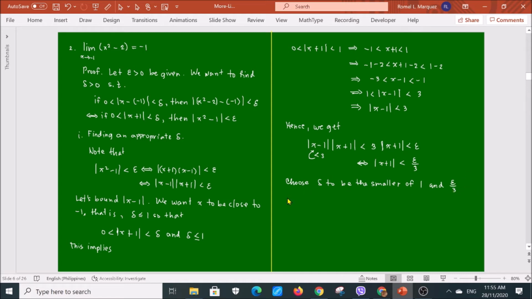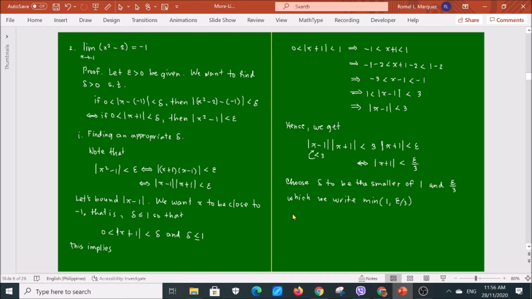So we write this as the minimum of 1 and epsilon over 3. When you say minimum, you choose between 1 and this, whichever is smaller. Okay? So let's see if this will work.